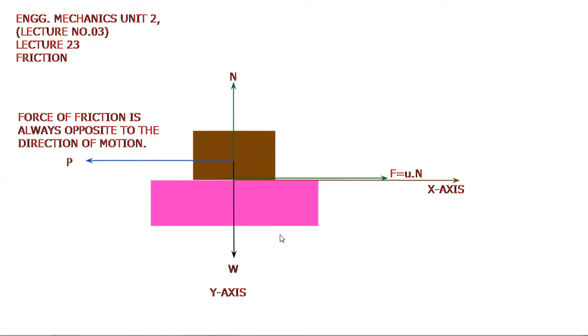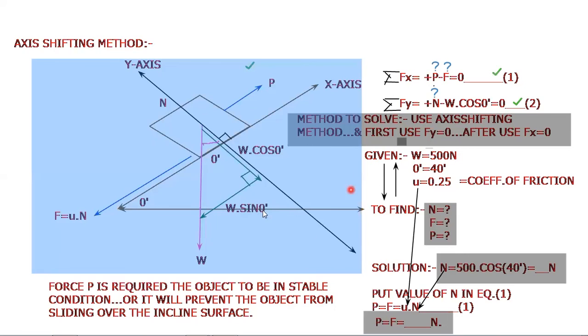This is the first concept. Here the body is stable. You can see this body is in stable condition, and in the next one you can see that this body is in inclined position.